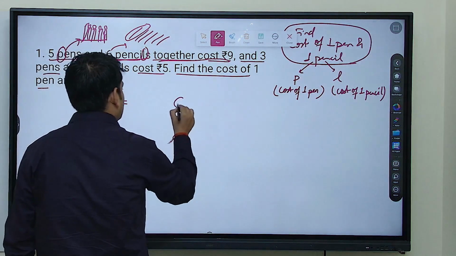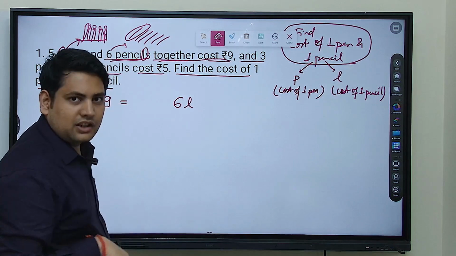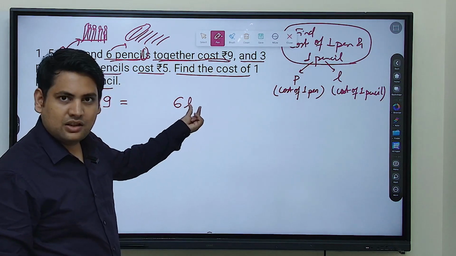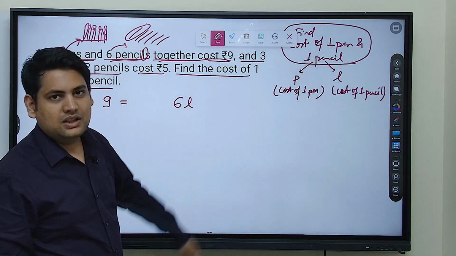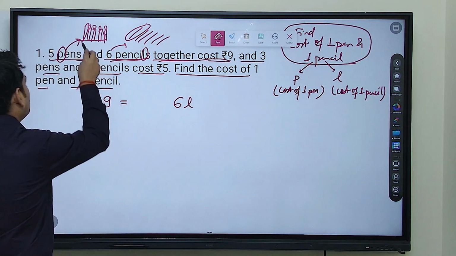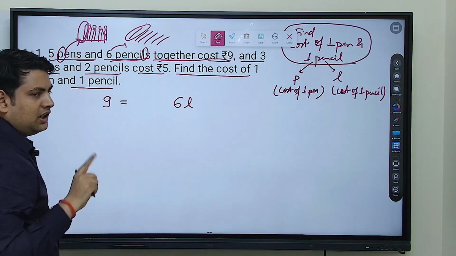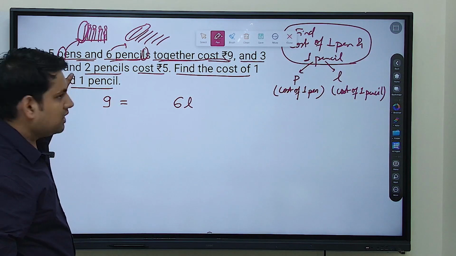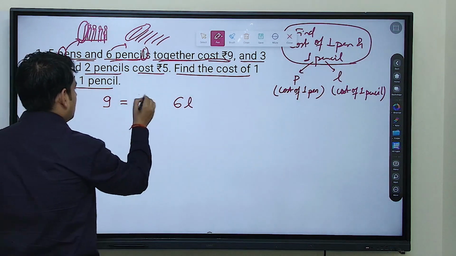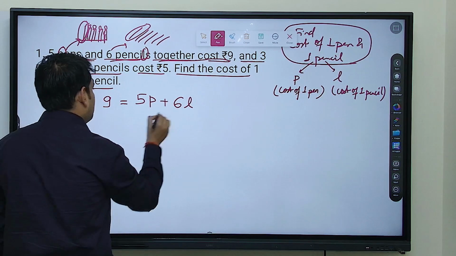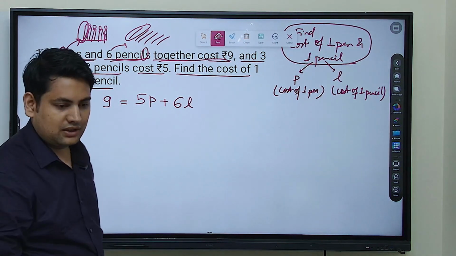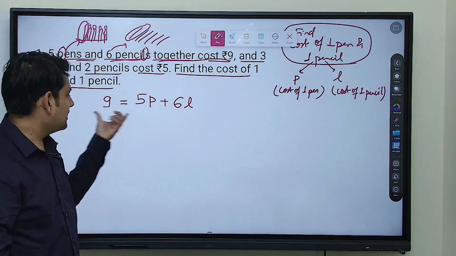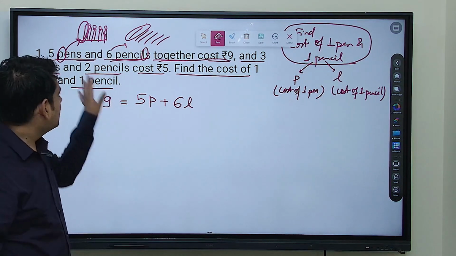It will cost 6L, correct? 6 times the price of a pencil is added. Now, if one pen costs P, then 5 pens will cost 5P. So this becomes 5P plus 6L, which equals 9. This is our first equation.